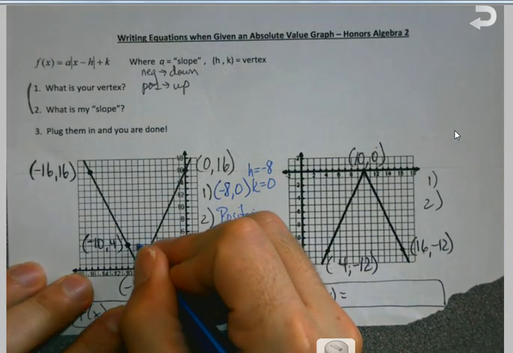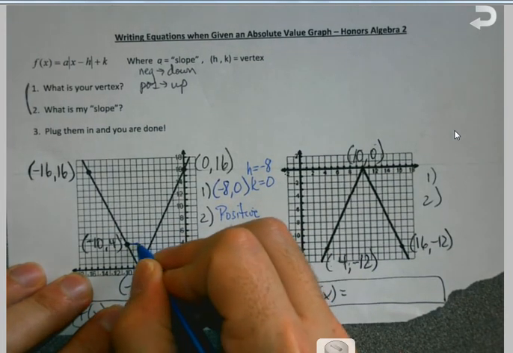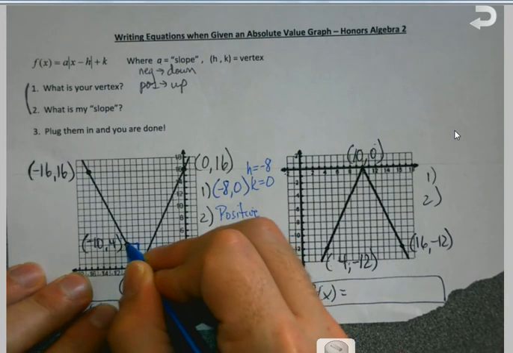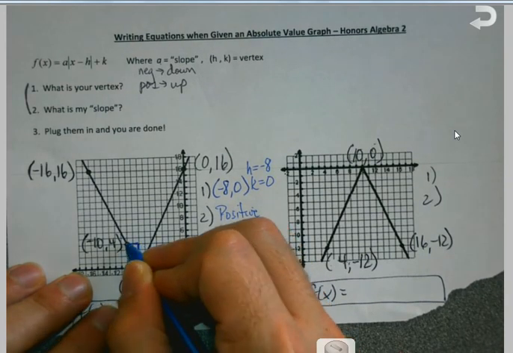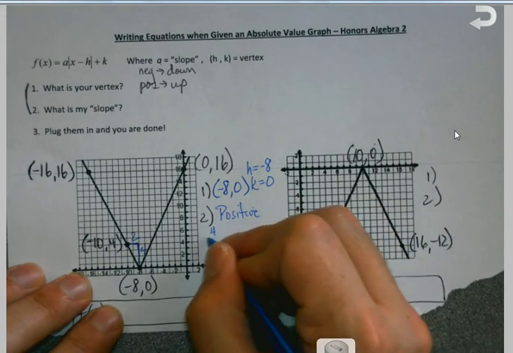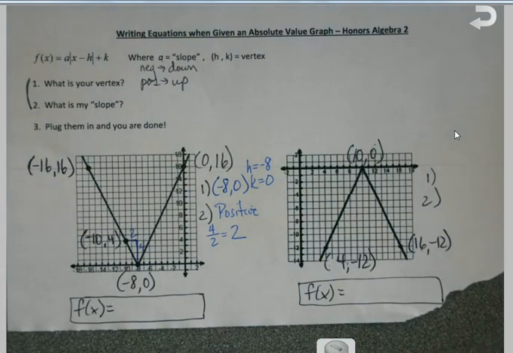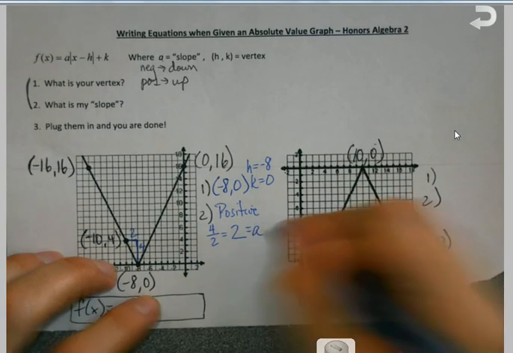So to get my slope, I go up 1, 2, 3, 4, and over 2. So rise 4, run 2 means I have a slope, an A value, of 2.